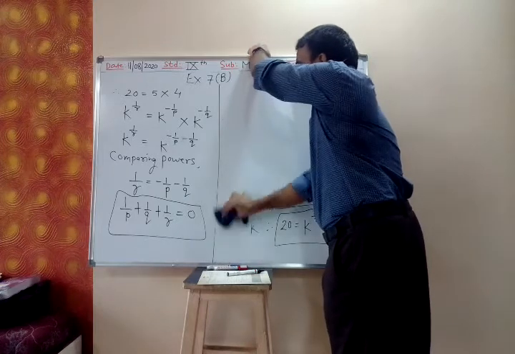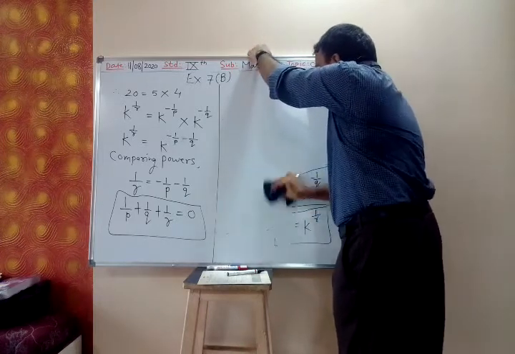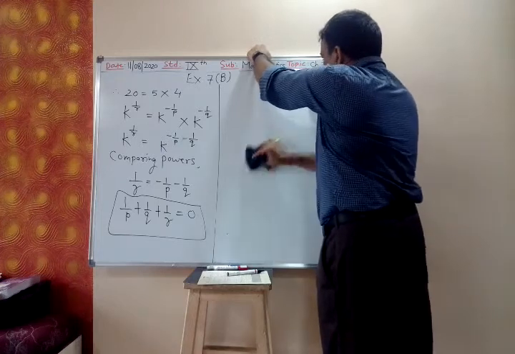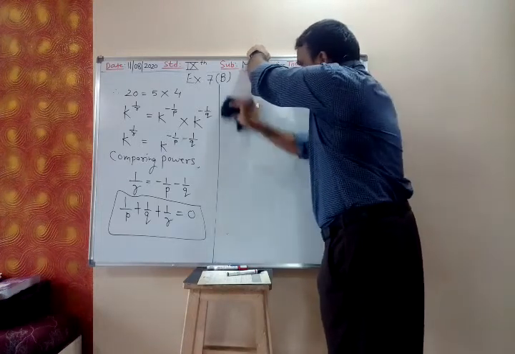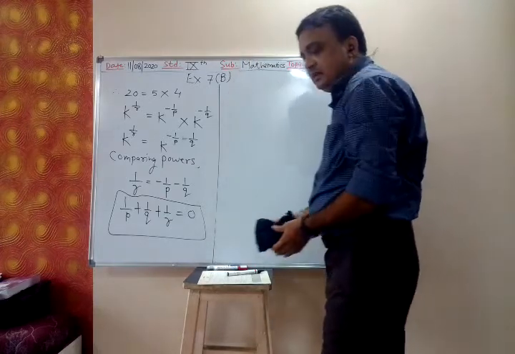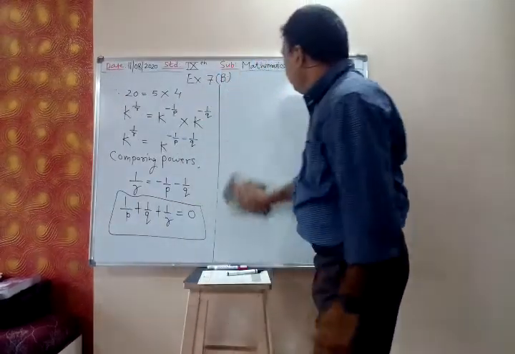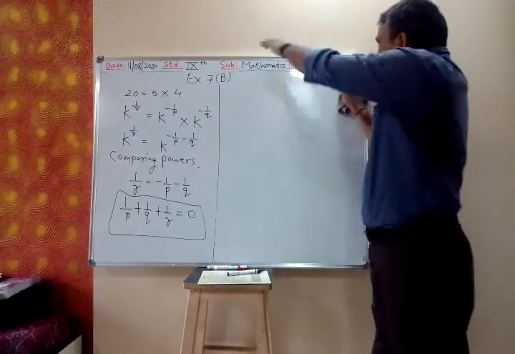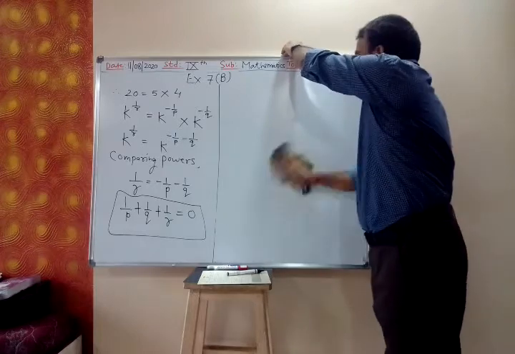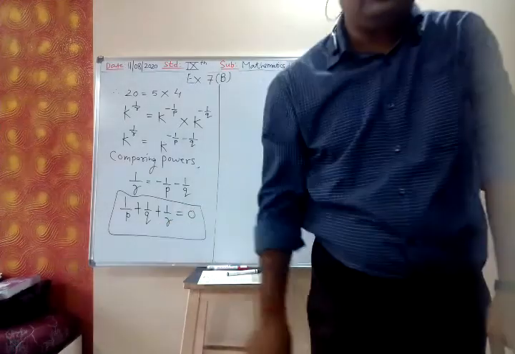I have taken multiplication 5 into 4, so I have added the power. So that rule should not be violated. You can perform a different method, but without violation of the rules of mathematics. If there is multiplication, we add the power. If there is division, we subtract the power.